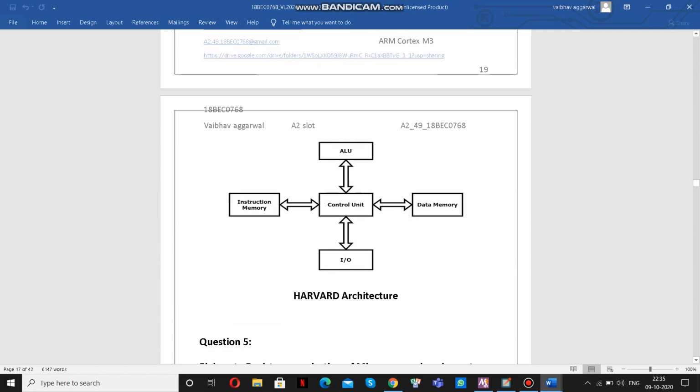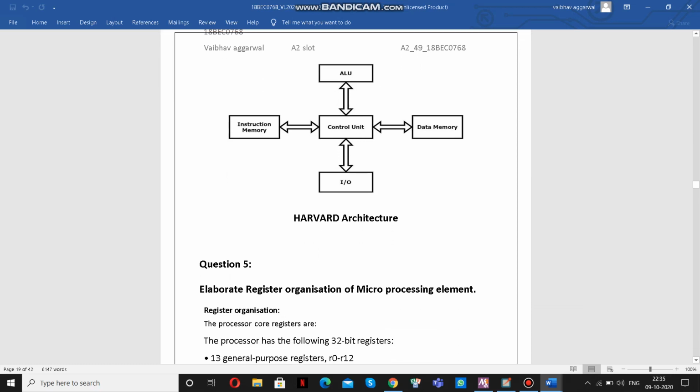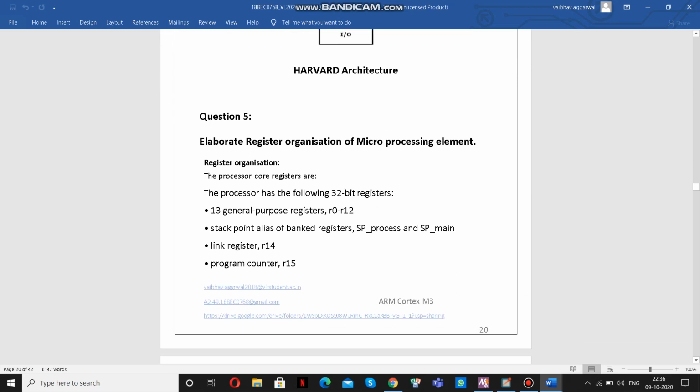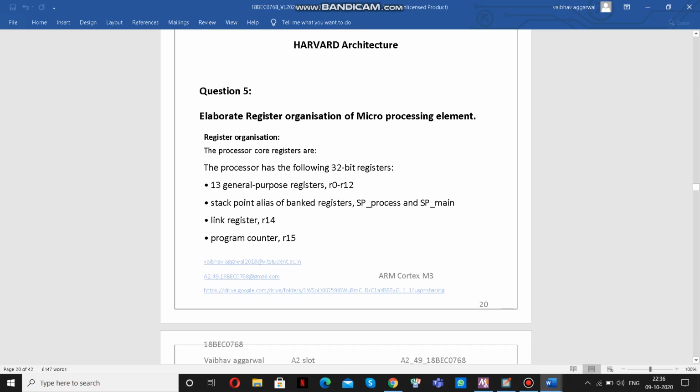The Harvard architecture: control unit, instruction memory and data memory, both are different, ALU, and the input and output devices. So the register organization of the microprocessing element is as follows.